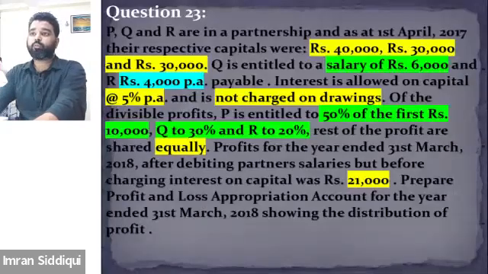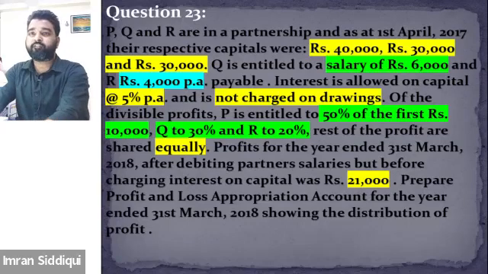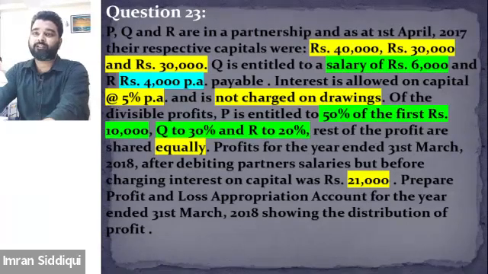Whatever the divisible profit that we get, out of the divisible profit, it is written that P is entitled to 50% of the first 10,000. Out of the first 10,000, 50% will be given to P, 30% to Q, and 20% to R. And the remaining profit will be shared equally.